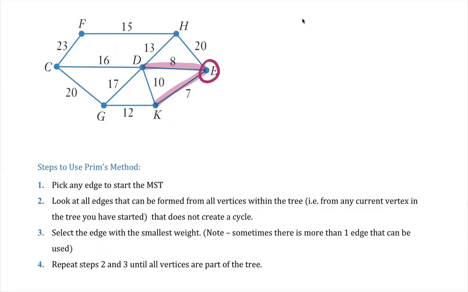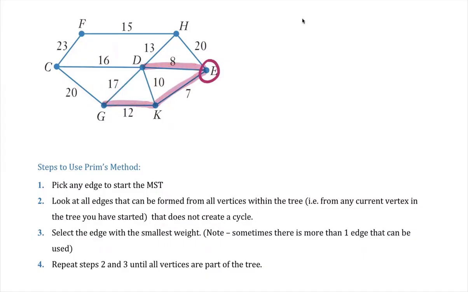Our final vertex to check is K. Again we still have that 10 edge, and our smallest weight now is from K to G, which is a weight of 12. We just repeat this process all the way through, evaluating each vertex and picking the smallest connected edge. It can't be 20, and it can't be 17, because then we're creating a cycle.